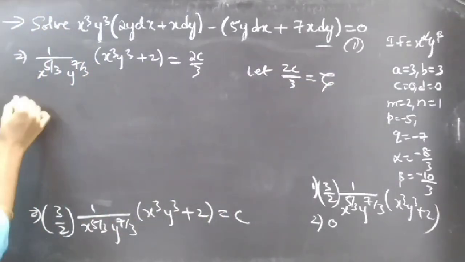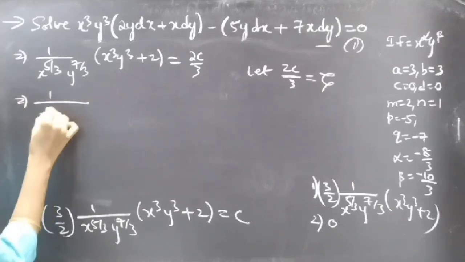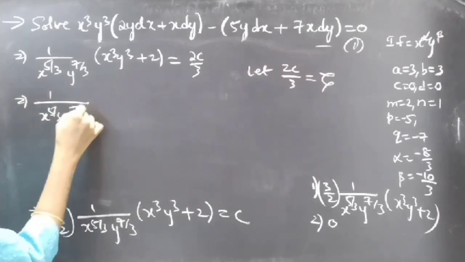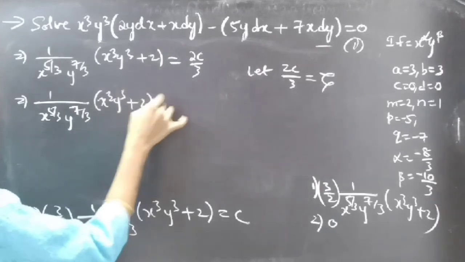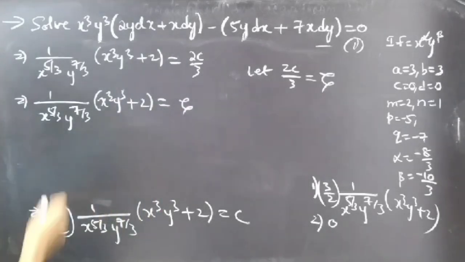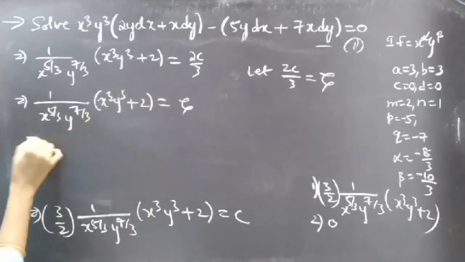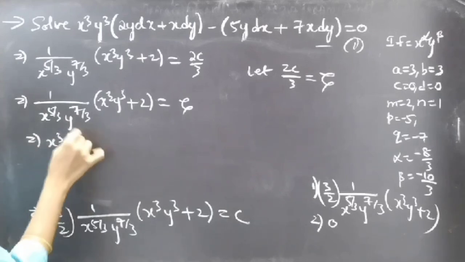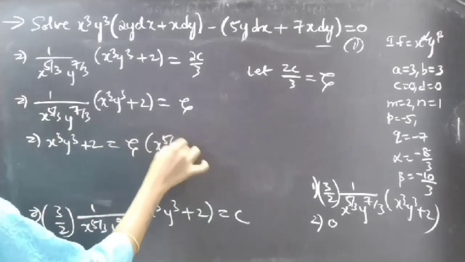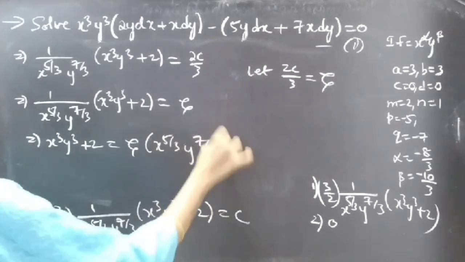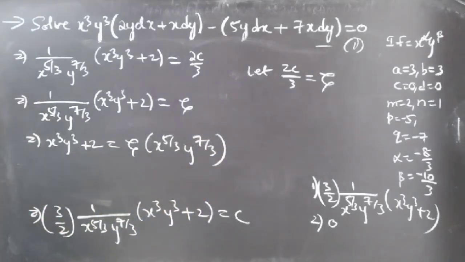Okay, now we can write this as 1/(x^(5/3) y^(7/3)) into (x^3 y^3 + 2) equal to c. Now take this term to the RHS, then you'll get x^3 y^3 + 2 equal to c into x^(5/3) y^(7/3), which is the required solution to the given differential equation.